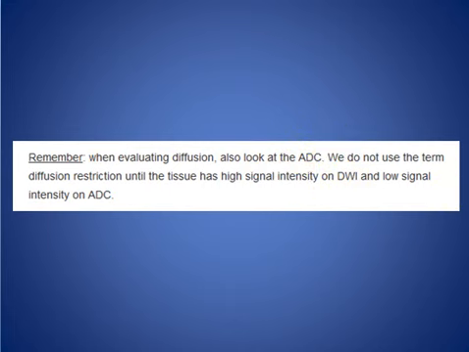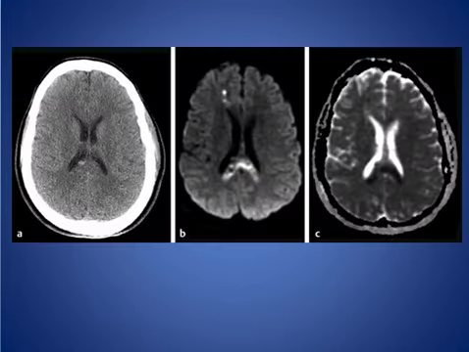If the diffusion is hyperintense and the ADC map is hypointense, it is a restricted diffusion. Let us see some examples of the usefulness of the diffusion weighted imaging.